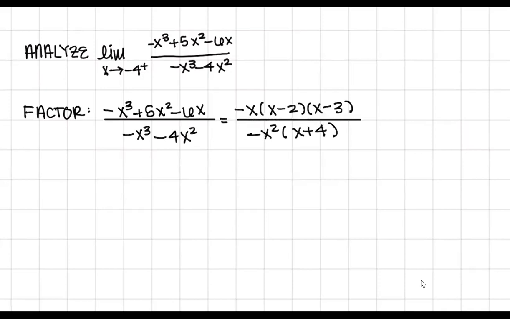Already we can see that some things cancel out. We can cancel out one of our x's and our negative sign, which leaves us with x minus 2 times x minus 3 all over x times x plus 4.